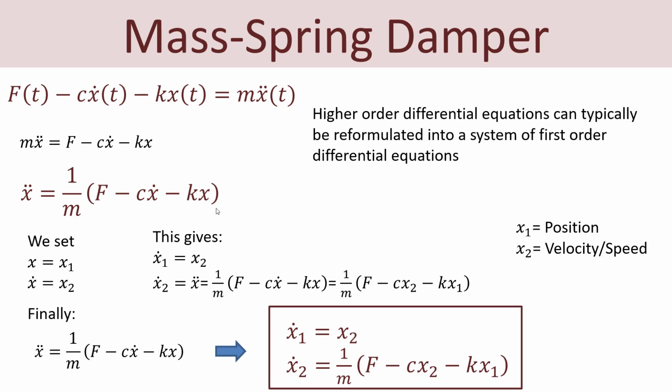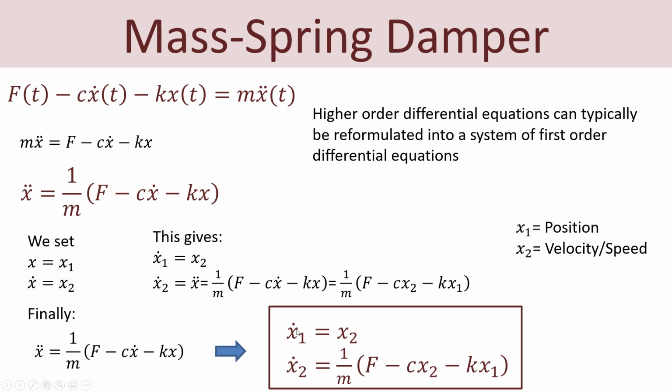Typically, when we are going to simulate it in Python, we need to have a system of first order derivatives. So we need to do this trick. You can set x equal to x1 and the derivative of x equal to x2. And then we get the following system, and finally we end up with a set of first order differential equations.